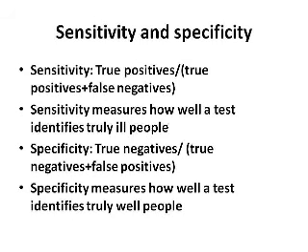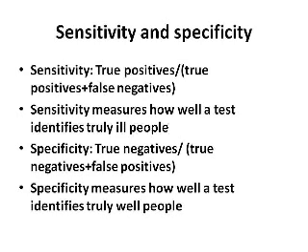Sensitivity, in this case, would measure how well a test identifies truly ill people. So sensitivity would be a measure to decide how good that HIV test is at telling us how many people actually have the HIV virus.